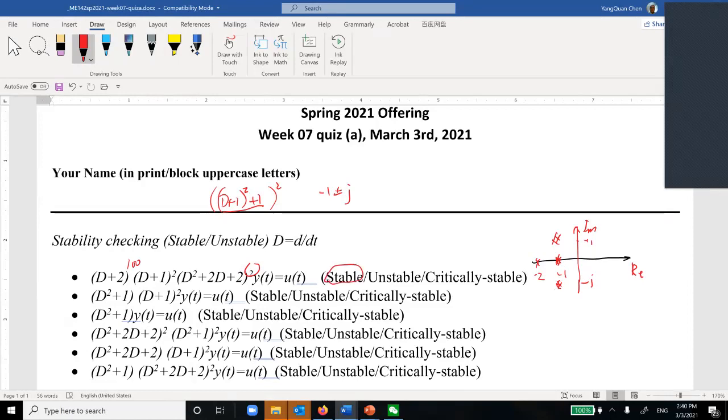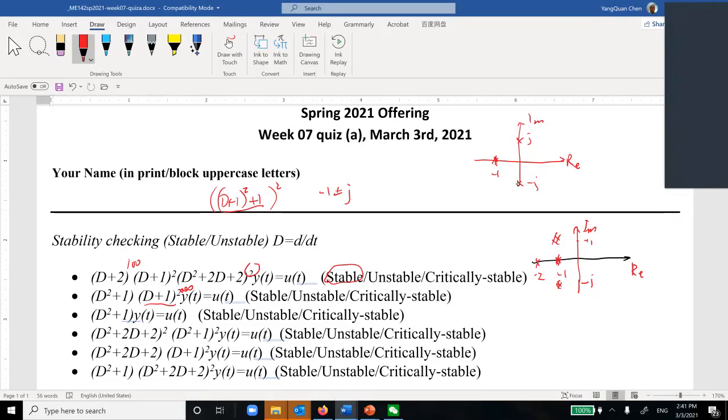How about the second one? For the second one, we are going to draw. The first factor is s squared plus 1, which gives you minus j and plus j. The second is -1, and you have another -1 here, multiplicity. This multiplicity doesn't matter. You can put 2000 here, it's okay, it will still be stable.